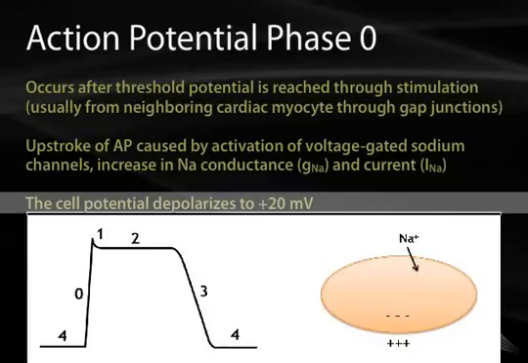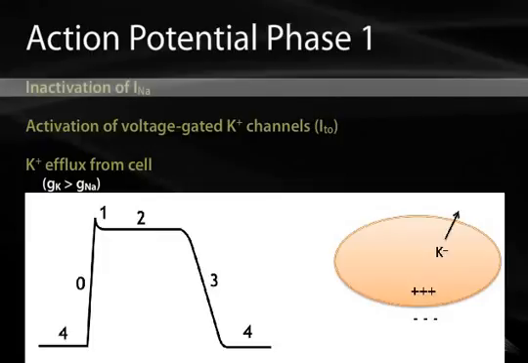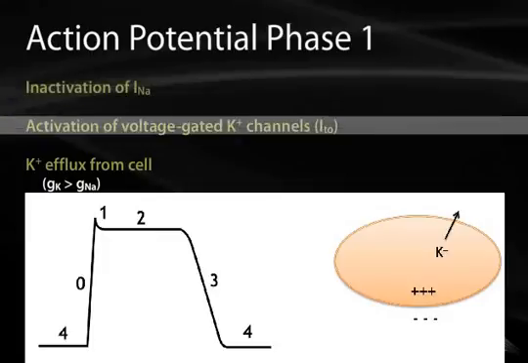Sodium wants to move into the cell because of a concentration and a voltage gradient. At the beginning of phase 1, the internal component of the cell is more positive. The sodium channels inactivate, and voltage-gated potassium channels, called ITO channels, activate.